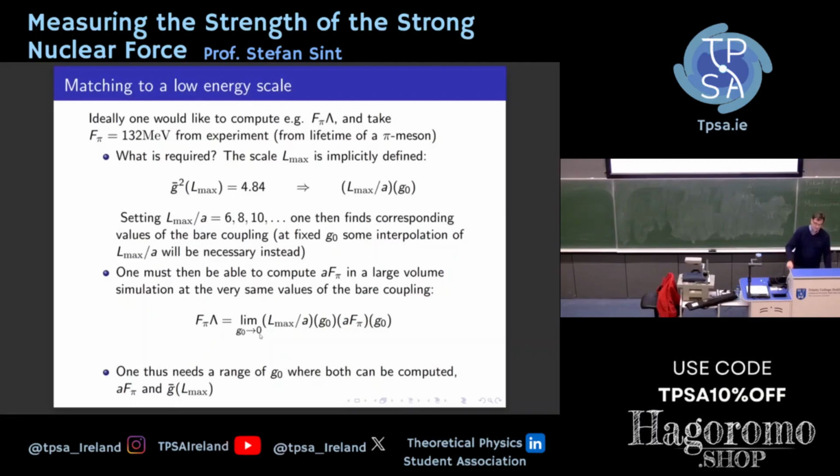Yeah? And then you get lambda in units of f pi, and then you take f pi from experiment, you know that it's 132 MeV, and then you know your lambda parameter in MeV. So that's essentially what you're trying to do.